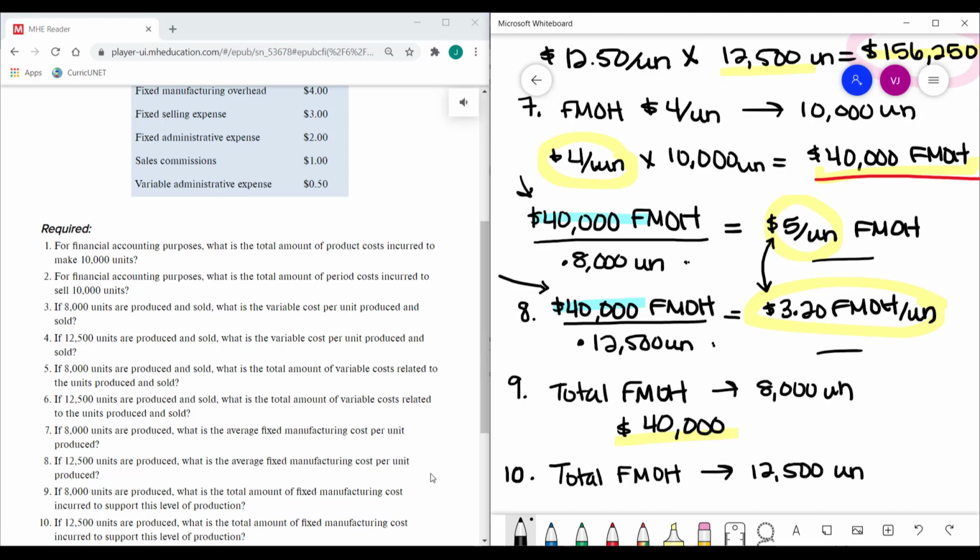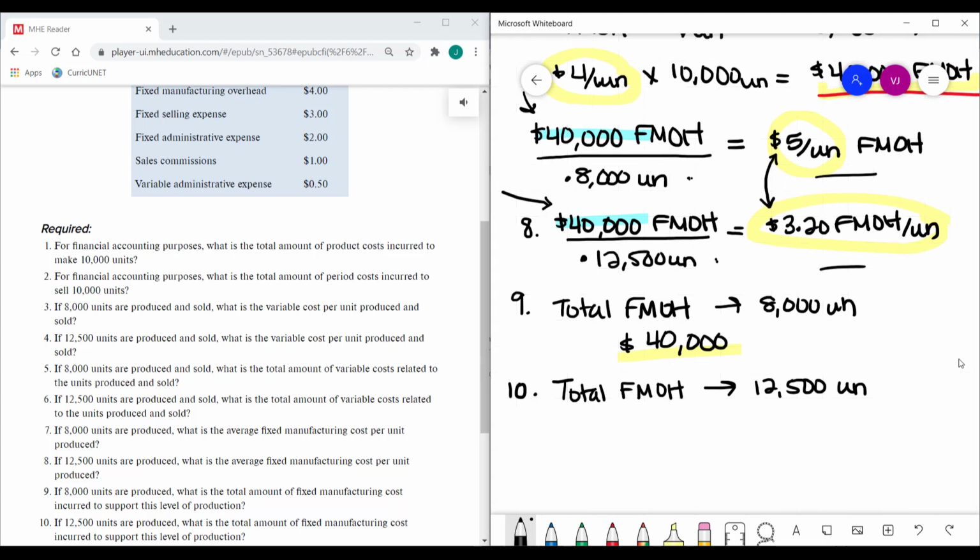Well, as long as we're within the relevant range, fixed costs stay the same in total as activity fluctuates. So if total fixed overhead at 8,000 units is 40,000, total fixed overhead at 12,500 units should also be $40,000. The total fixed overhead will be 40,000 every period, regardless of how much we produce within that relevant range.